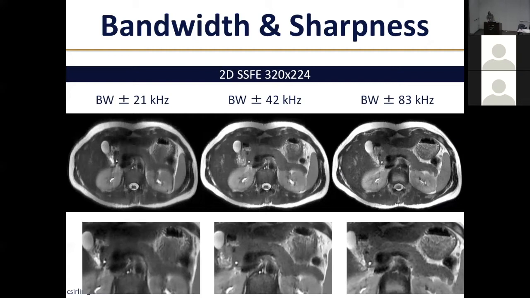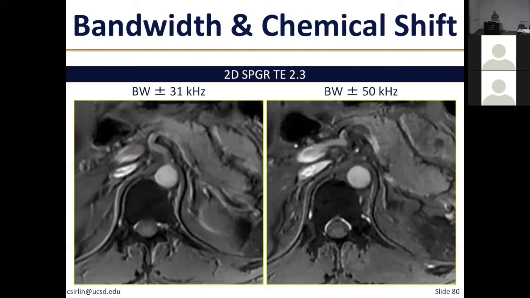I hope you all appreciate that this image is sharper than this image, and this image is sharper than this image, which is quite blurry. So as the bandwidth goes up, the image sharpness goes up. If anyone's interested in why this is, I can explain it later, but here is a pictorial representation.